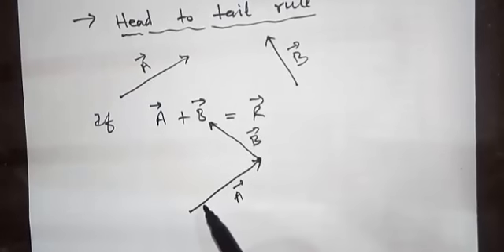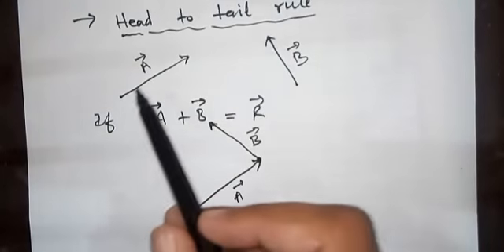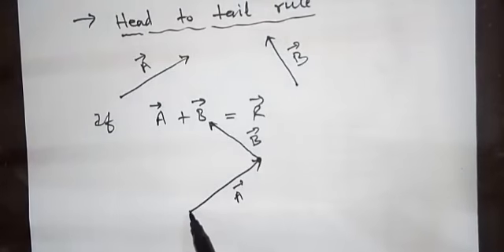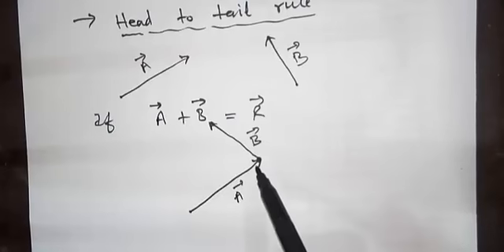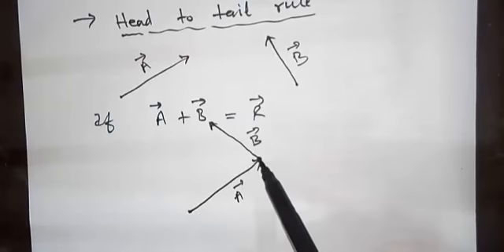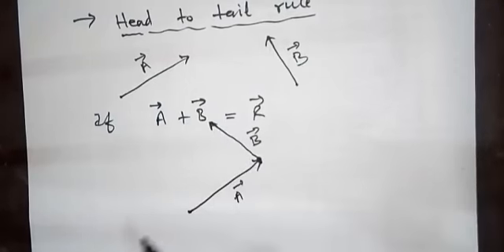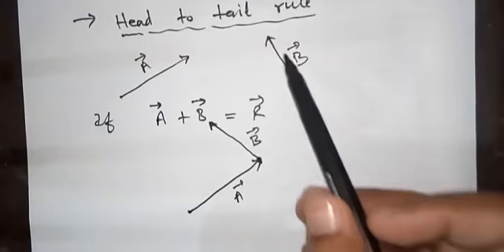In this case, we were given the vectors A and B, their directions were like this, and we have placed vector A in the given direction, and B we have started from the head of the first vector A, and we just draw it according to its given direction.